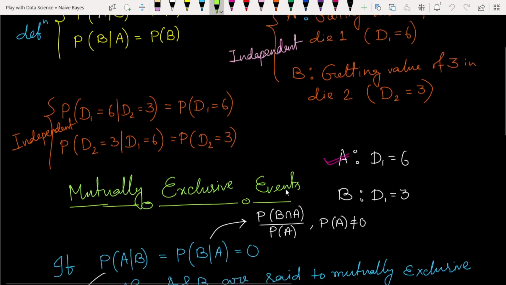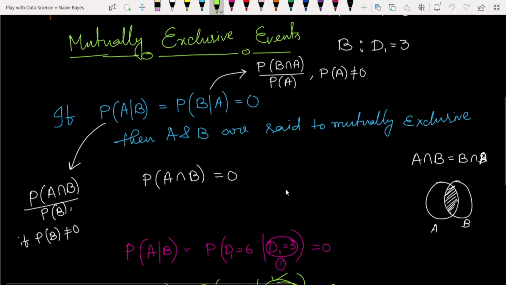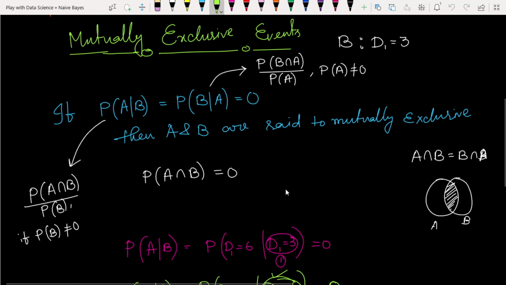But mutually exclusive means that what we expect from this probability is totally 0, because on the given condition our expected probability is not defined. In such situations, a mutually exclusive event occurs.